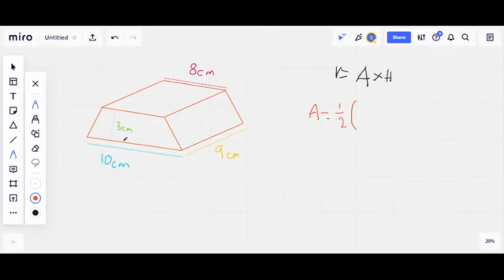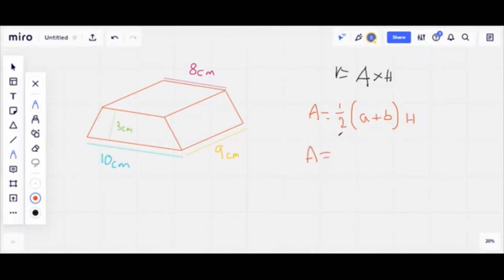Side A and side B are parallel lines, so A plus B, and then multiply again by the height of that shape, H.